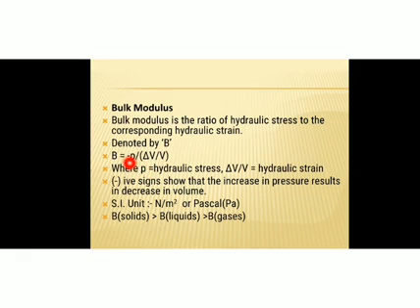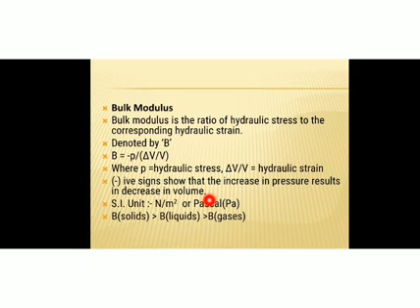You know, volume stress is denoted as F by A, and since it is a hydraulic stress, we can consider it as a hydraulic pressure. So instead of F by A, we can substitute P, where P is the hydraulic stress or pressure and delta V by V is the hydraulic strain. The negative sign shows that an increase in pressure results in a decrease in volume, isn't it?